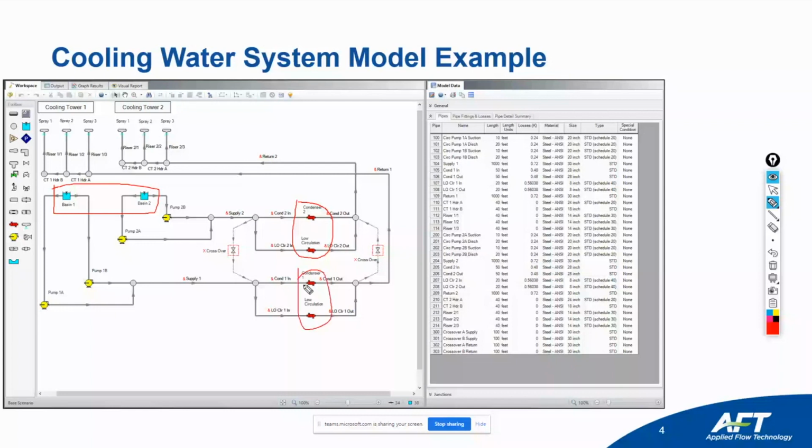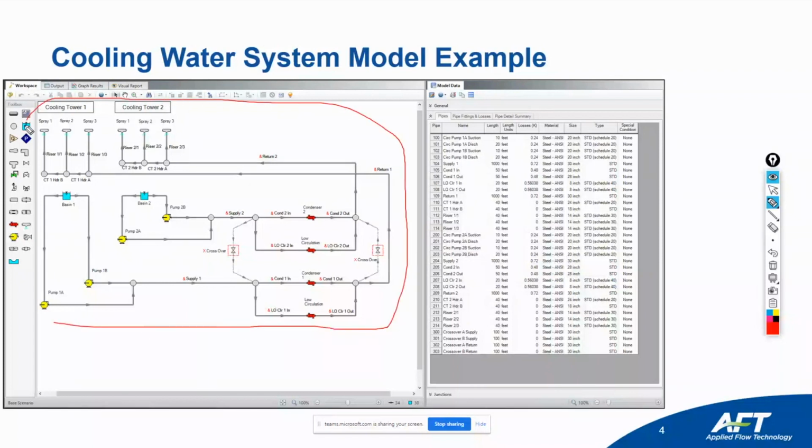There are some crossover lines where if you need to transfer fluid from one train to another by shutting these pumps off, you can do that. And that's one of the beauties of doing flow analysis: you can work with all the different what-if types of analysis where you're modeling different operating cases. So this is a graphical picture of what the model of the system looks like.